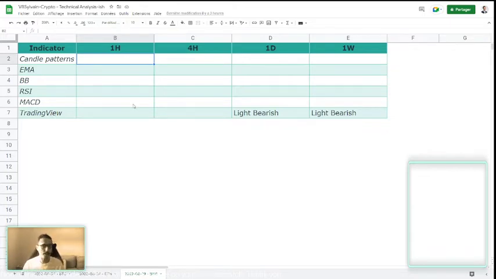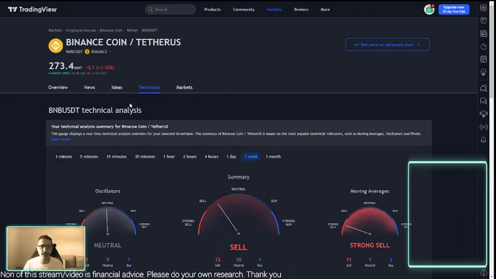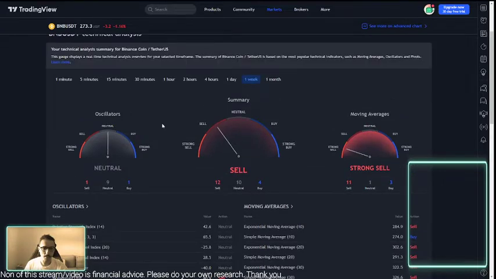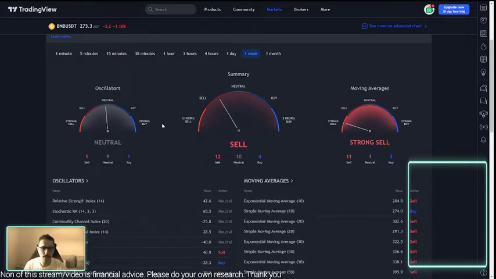Searching in the TradingView website, I found that they have this little tab called Technicals on the pair or anything you are looking for, which is an automated overview of what the different indicators are telling, depending on the time frames you are watching.